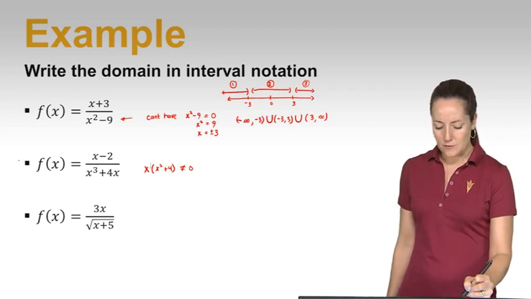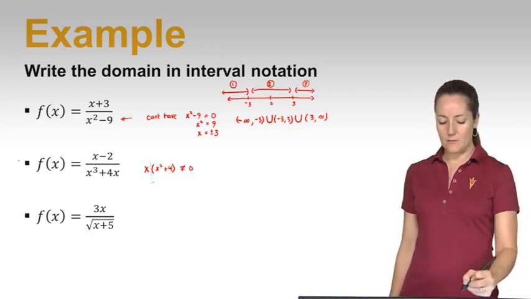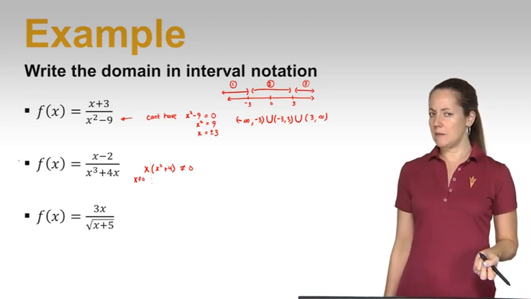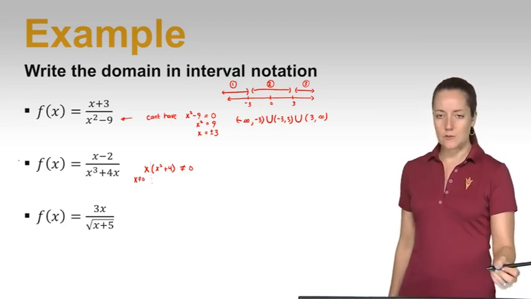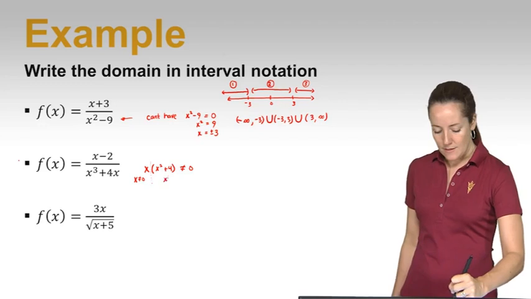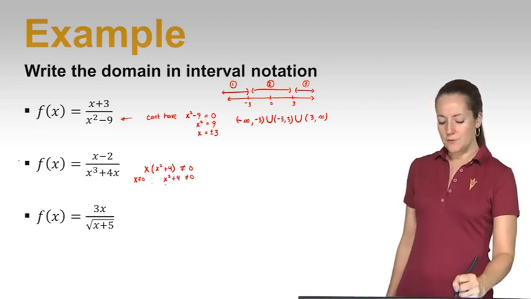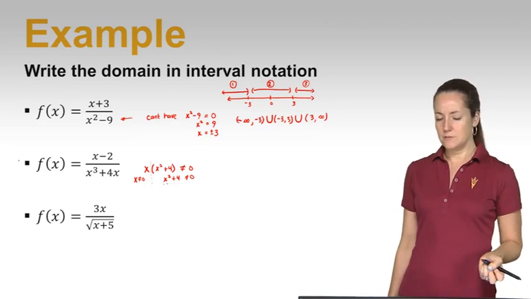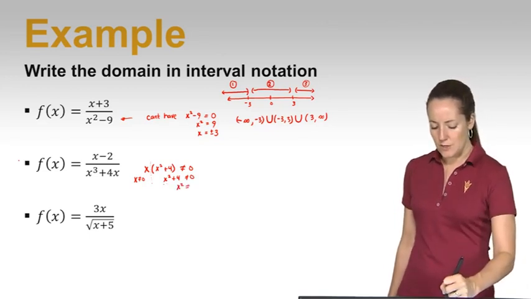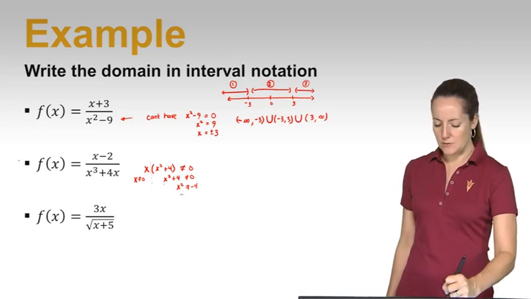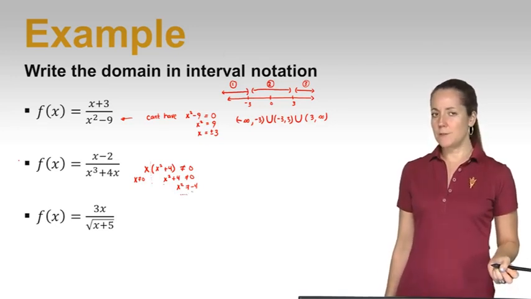So I'm just going to use zero product property and say that, well, I don't want either of these to equal 0. So I'm writing non-equalities as opposed to the usual equals 0. X squared plus 4 can't equal 0. Notice if you try to solve this second factor, I'm going to get x squared shouldn't equal negative 4. And taking square roots, we'd only get imaginary solutions. So I don't really have to worry about this.